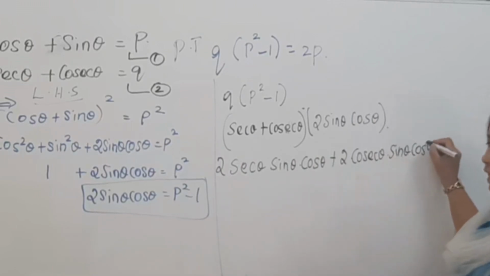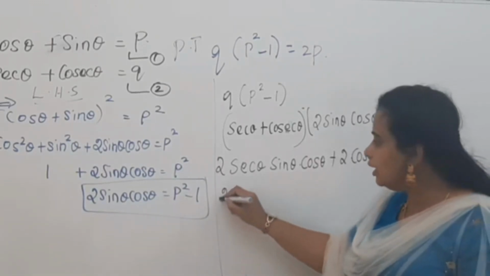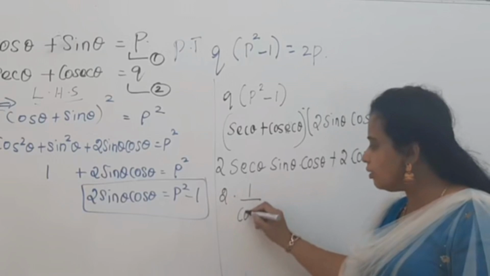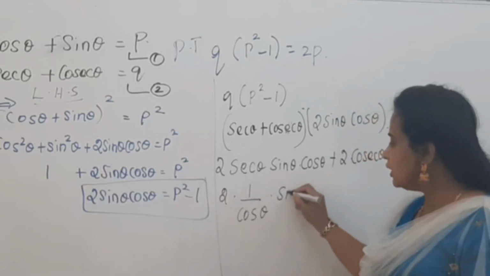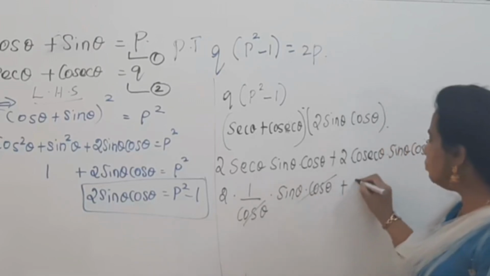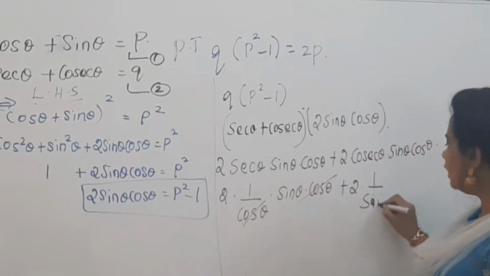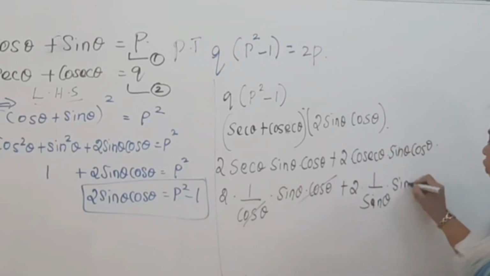Hope you understand how I multiply it and how to get your next one. Sec theta can be written as 1 by cos theta into sine theta into cos theta. So this gets cancelled, plus 2 cosec theta, 1 by sine theta into sine theta cos theta.